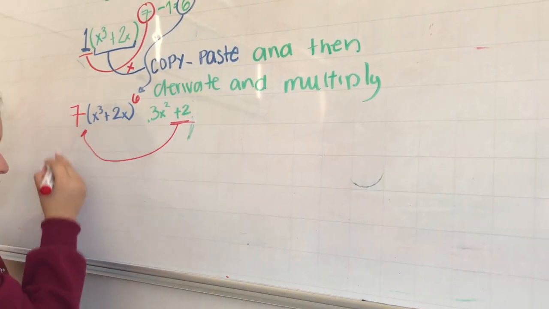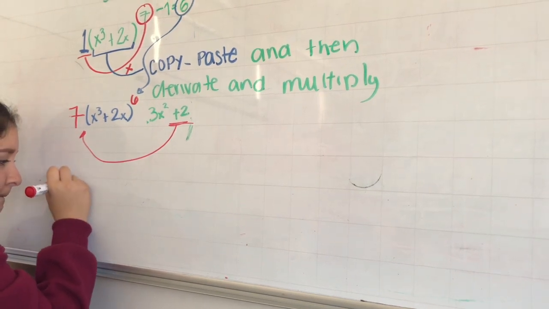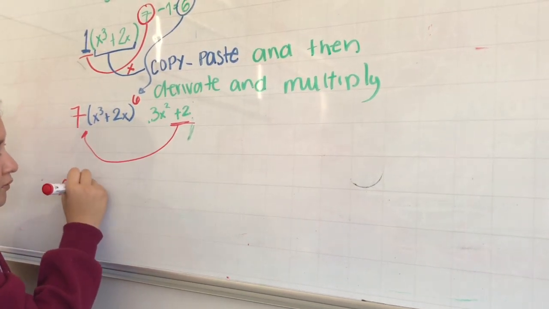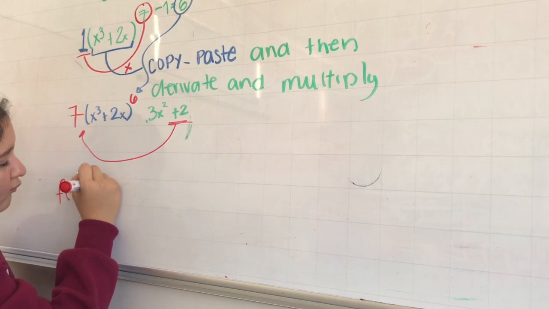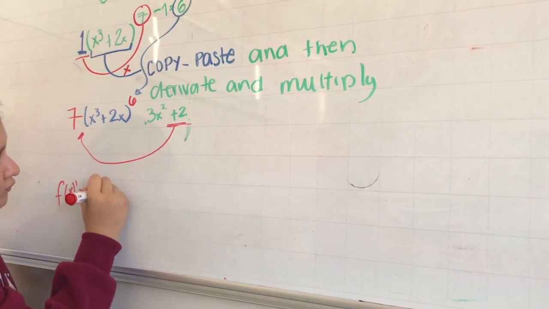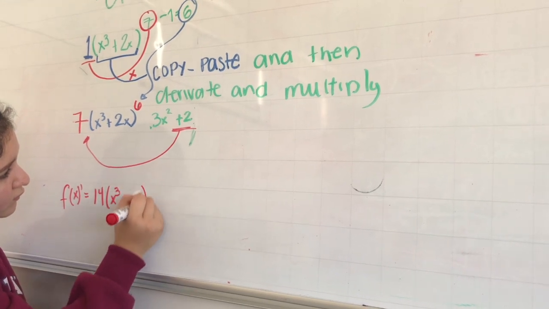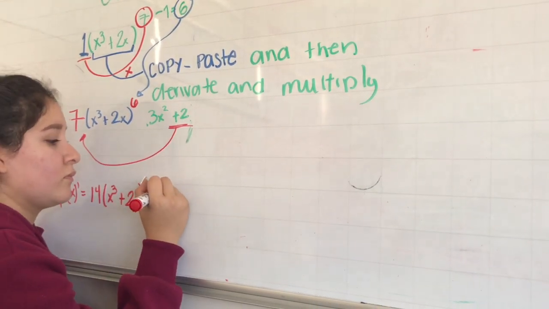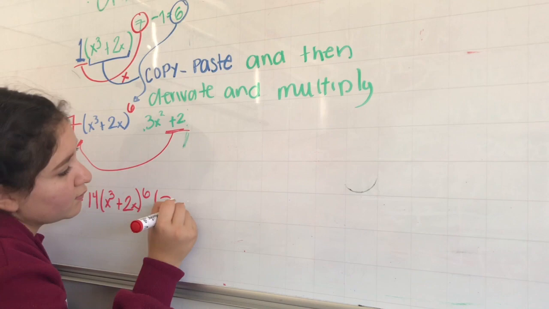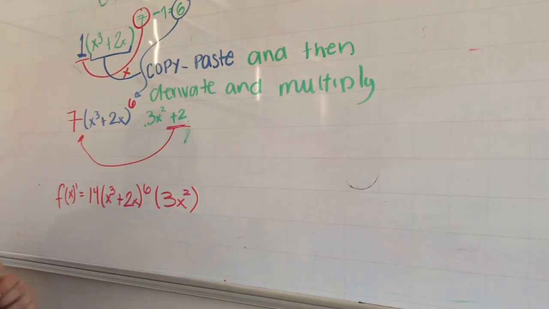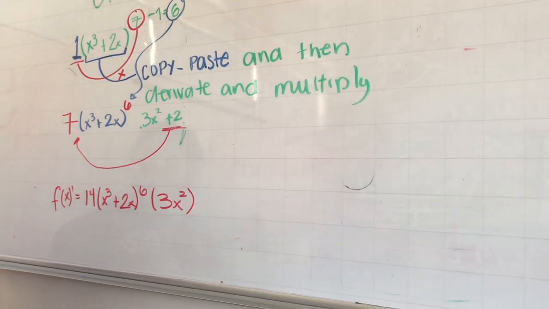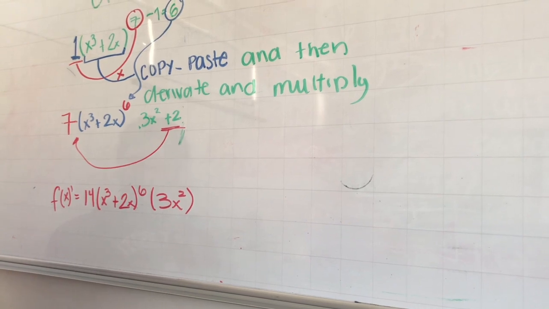So you have 3x squared plus 2, because you eliminate the x when there is no exponent. But as 2 and 7 are common factors, we multiply them. So our final derivative is 14 times x third plus 2x to the 6th power multiplied by 3x squared.